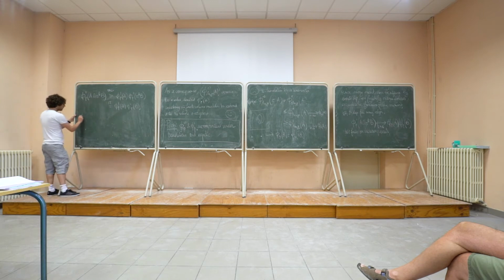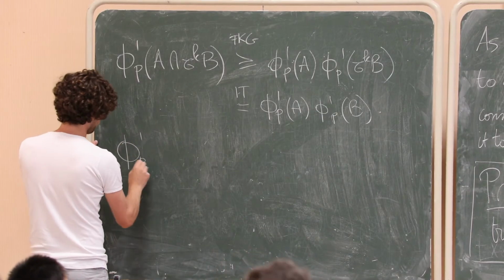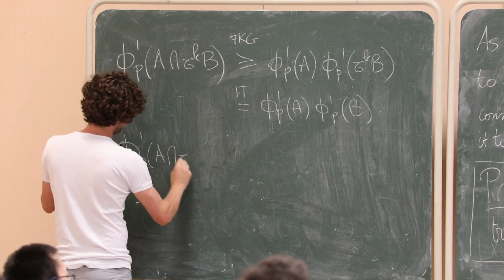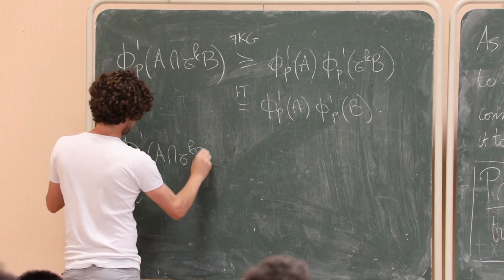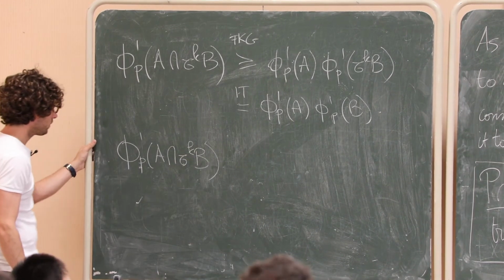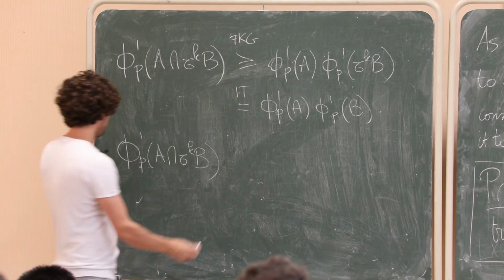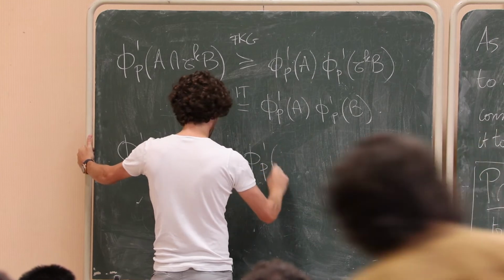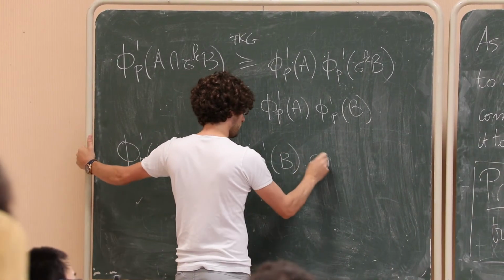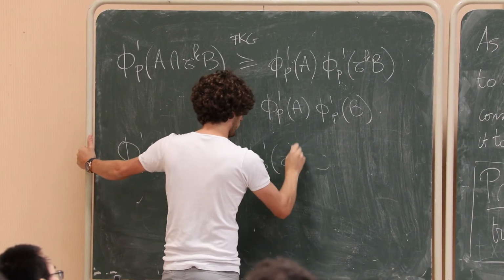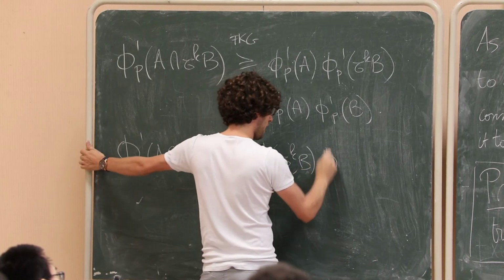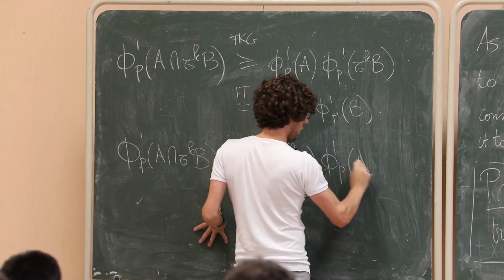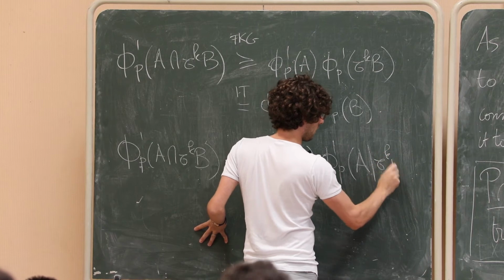To get the other one, well, I'm just going to write it as phi 1p of b times tau kb, times phi 1p of a knowing tau kb.